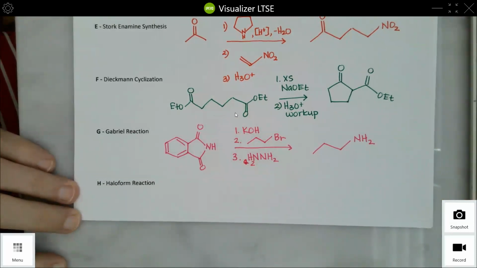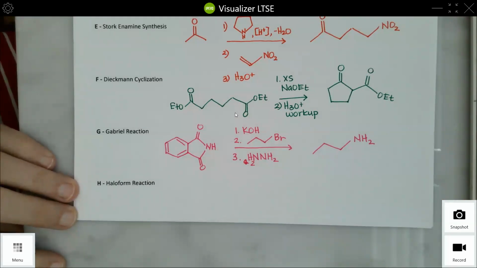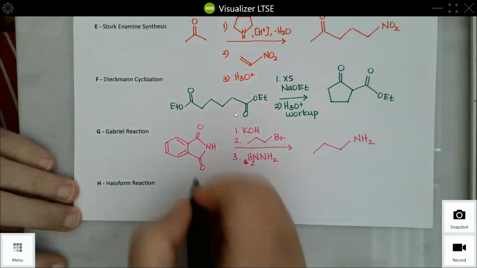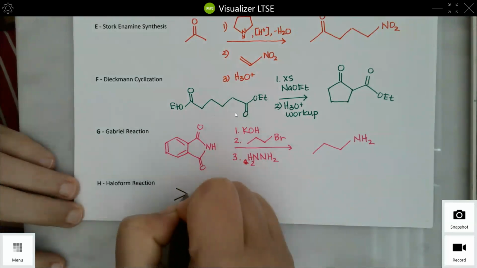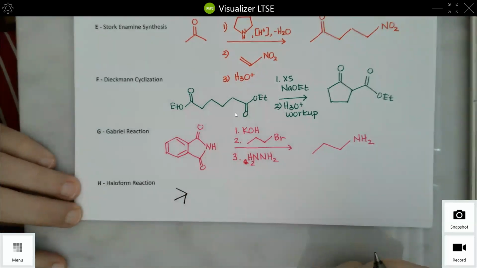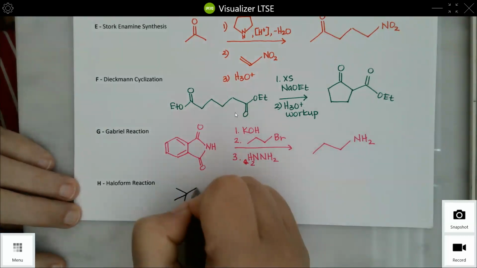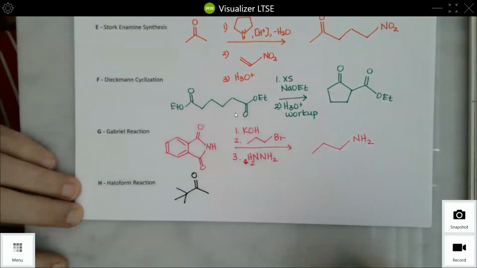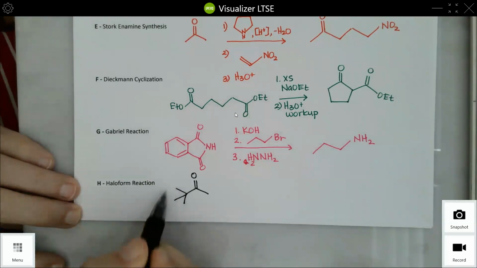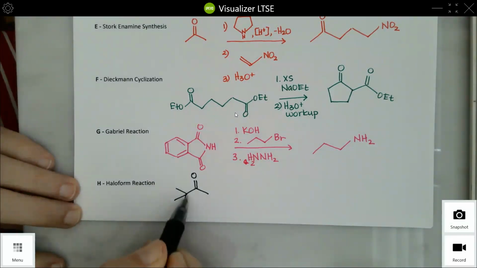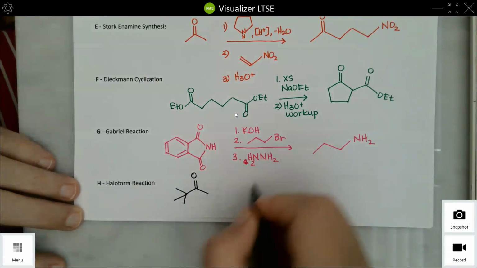And then the last reaction is the haloform reaction. The haloform reaction produces a carboxylic acid from a methyl ketone. So we take our methyl ketone, and usually this other side is fully substituted, so there are no alpha hydrogens here.